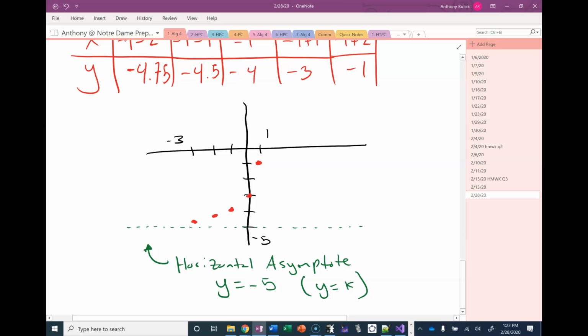So the left end, we're approaching the asymptote. So when I draw my graph, I'm going to draw the left end of my graph just kind of following my asymptote. And then I'll go through those points and draw my arrow at each end.